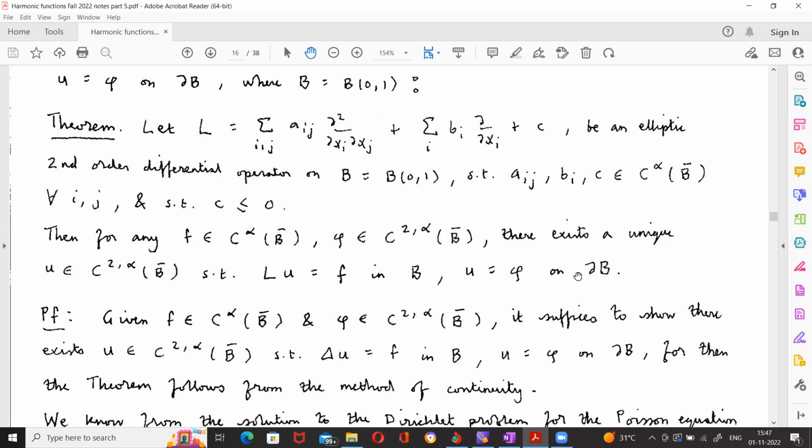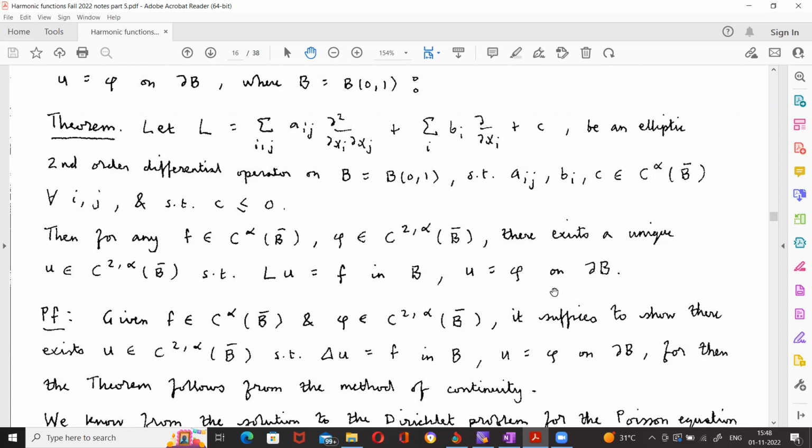So now the last step is to reduce to the situation where phi is just a continuous function on the boundary of the ball. We will not assume any C2 alpha extension to the closed ball.